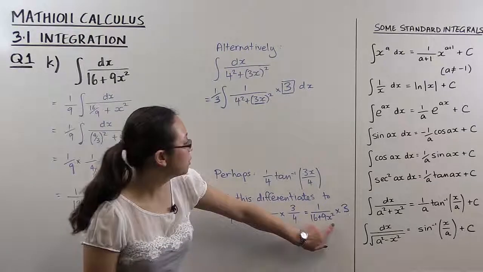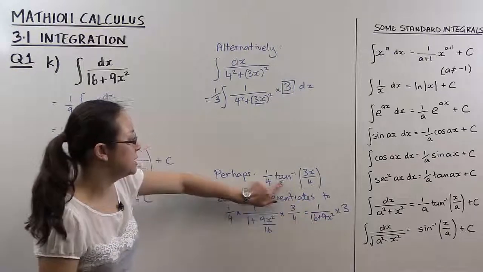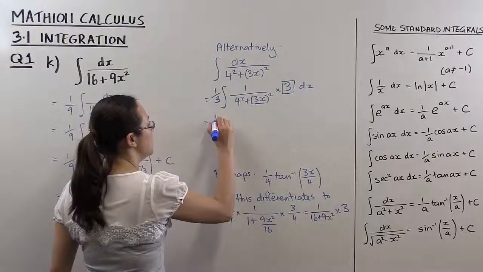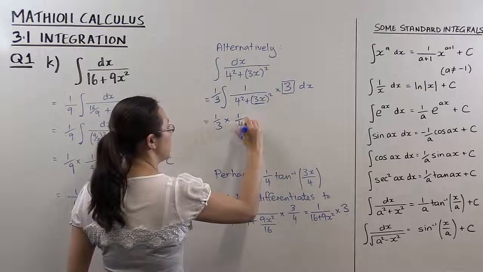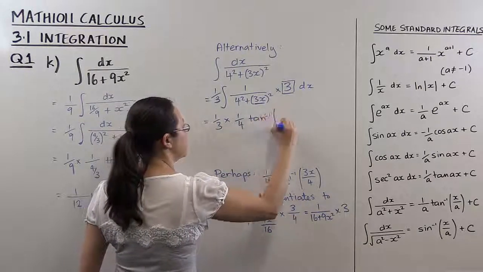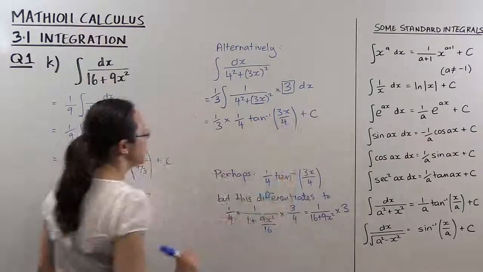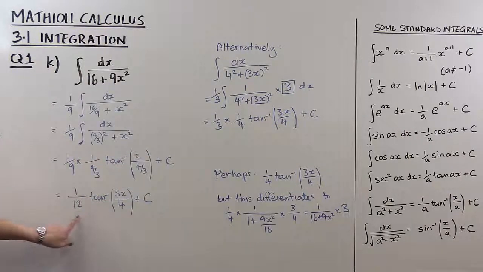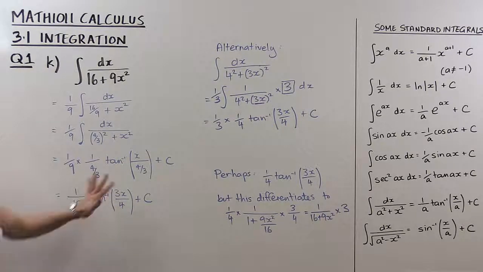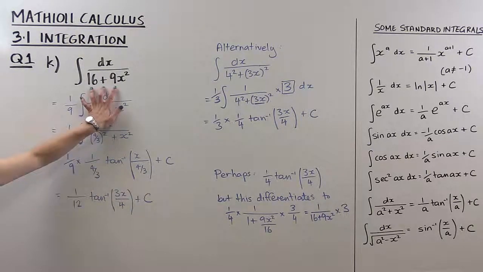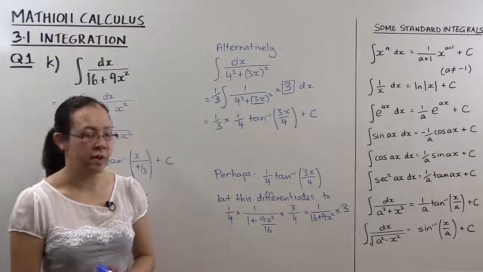Okay, so I know 3 times 1 on 16 plus 9x squared anti-differentiates to this function here. So the 1/3 is here, and I know that this anti-differentiates to a quarter inverse tan of 3x on 4 here, plus c, which we can see is exactly the same as this 1/12 inverse tan of 3x on 4 plus c. So that's just 2 different ways of dealing with this 16 plus 9x squared on the denominator of that integral.